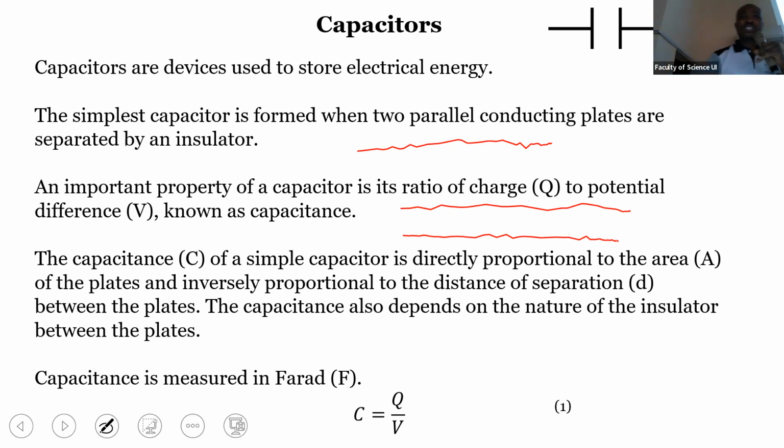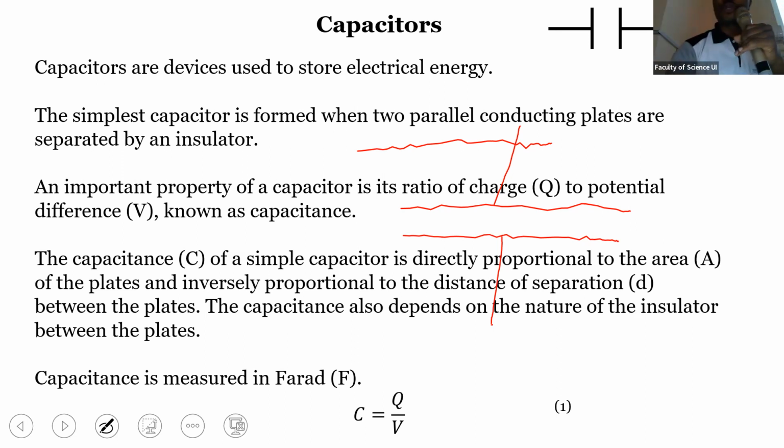And how do they store the charges? We charge the capacitor for it to store charges. These two plates can be connected to a voltage supply, a supply that will create a potential difference between the plates.